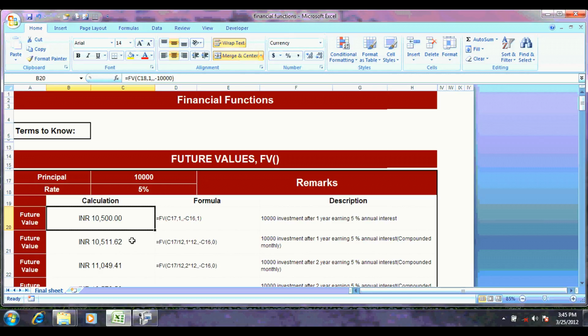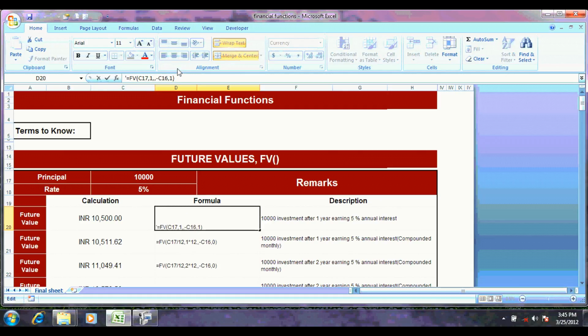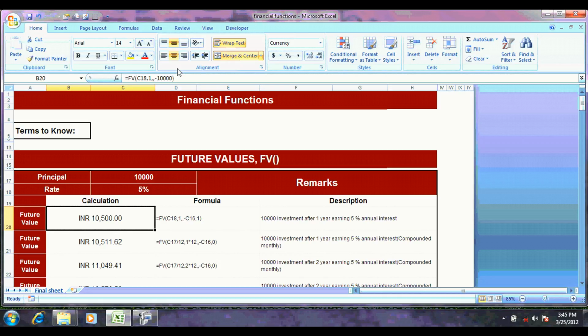I think there is some small mistake, it should be C18. Sorry, it should be C18, and instead of this minus 10,000, I'll just delete it, that should not make any mistake. It is C17, so I'll change it once more.